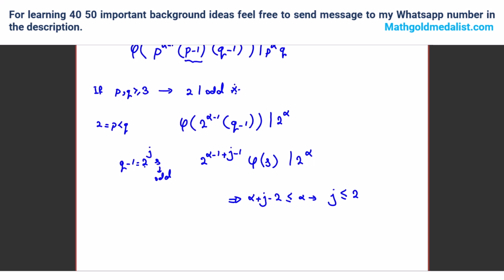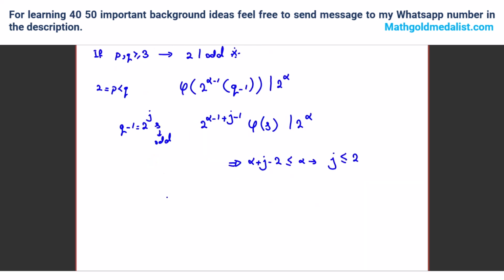Right. Okay, so let's consider something. If j is 2, then phi of s divides what? Then phi of s divides 4s plus 1. No, pay attention to this. If j is 2, oh, phi of s divides 1.